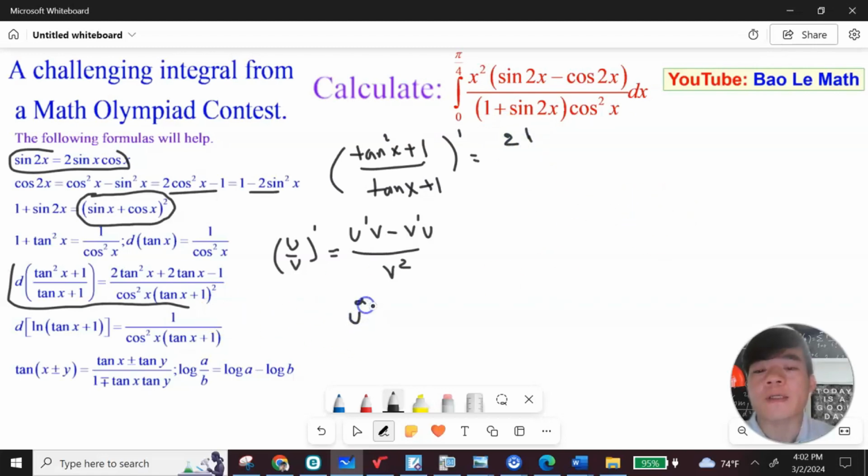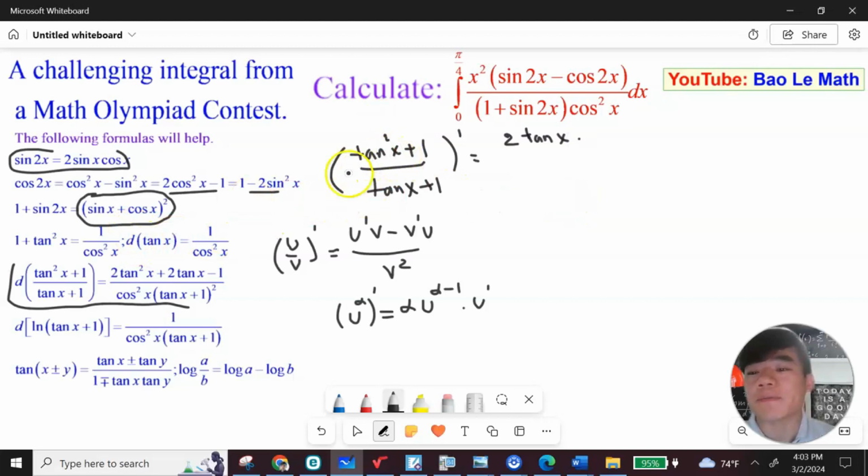For the power rule, the derivative of u to the power alpha equals alpha u to the alpha minus 1 times u prime. Here u is tangent x, so I have 2 tangent x times what?